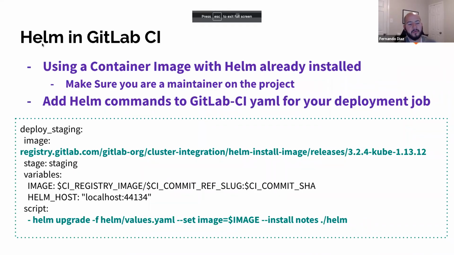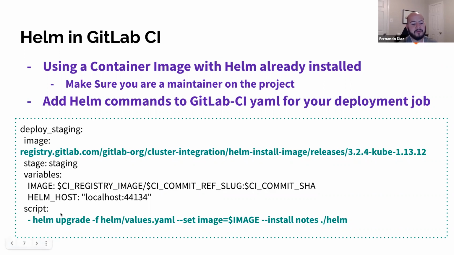The way that you would use Helm in the GitLab CI is you would use a container image that already has Helm installed. For example, I'm using this image that's provided within the cluster integration for GitLab, and it already has Helm 3 installed.